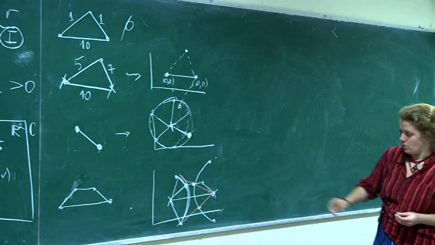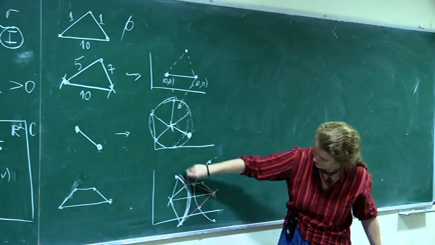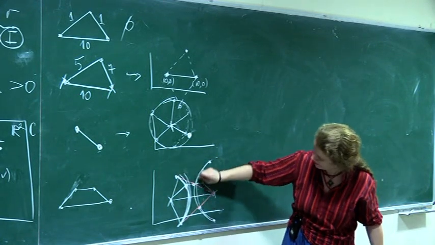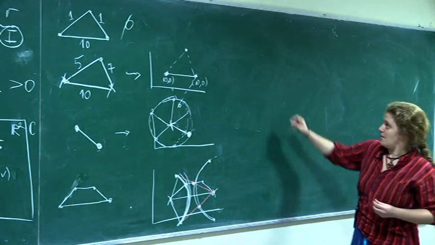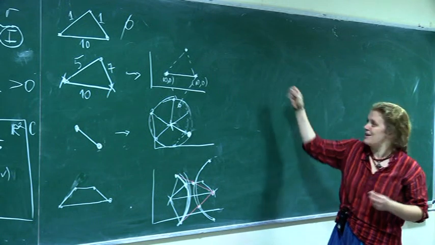So this vertex can draw a segment on a plane, and this vertex can draw a segment on a plane. Any questions? No? Okay.